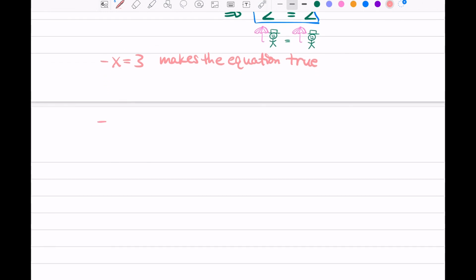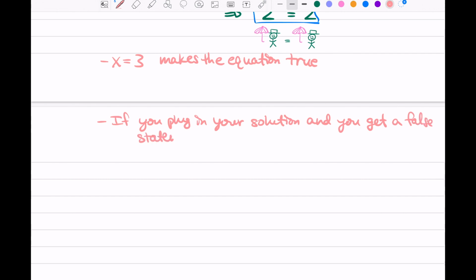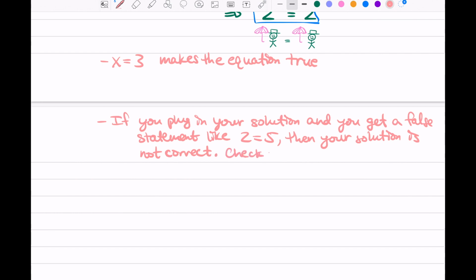If you plug in your solution and you get a false statement, like 2 equals 5, then your solution is not correct. And you need to check your work to find the error.